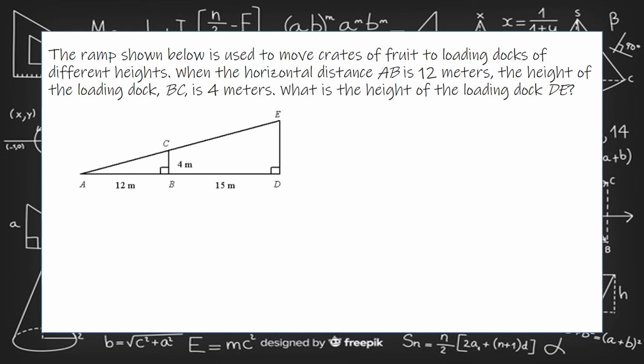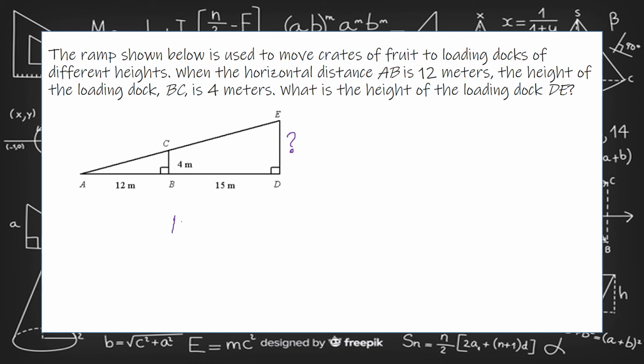The ramp shown below is used to move crates of fruit to the loading docks of different heights. When the horizontal distance AB is 12 meters, the height of the loading dock is 4 meters. What is the height of the loading dock at DE? So what I like to do is put the small triangle over the big triangle.